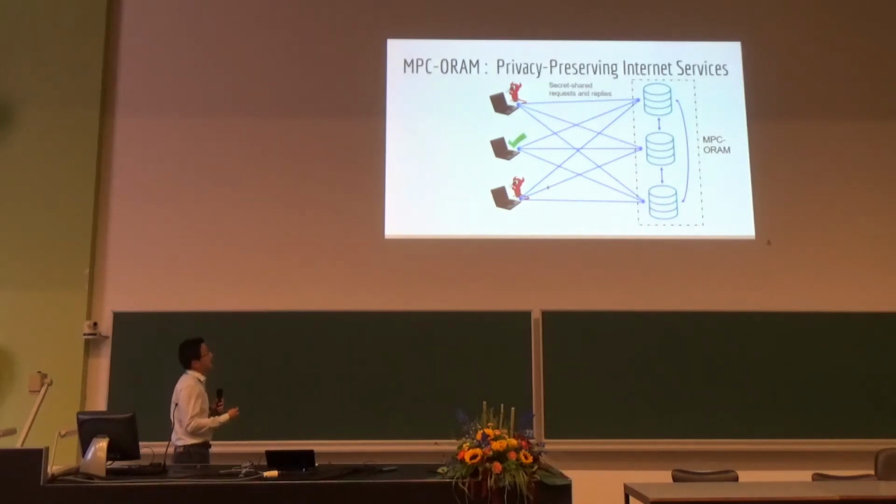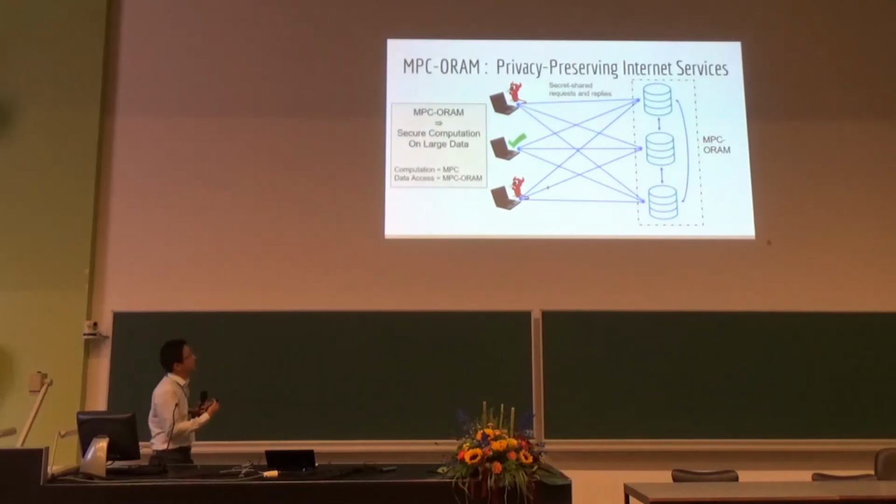Note that the MPC ORAM client can be any internet client, and also MPC ORAM enables secure computation on large data. For local computation, we can use standard MPC solutions, and for data access, we can do MPC ORAM protocols.